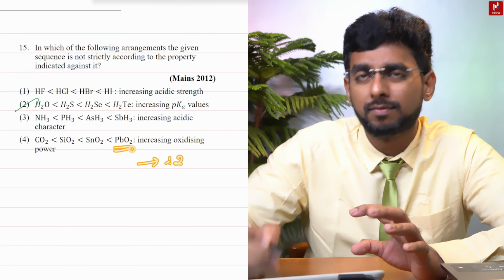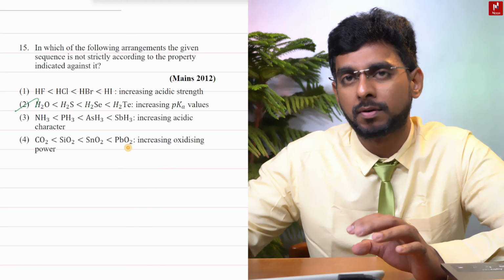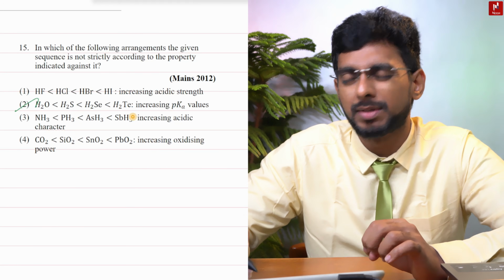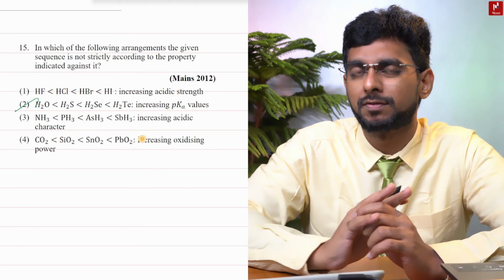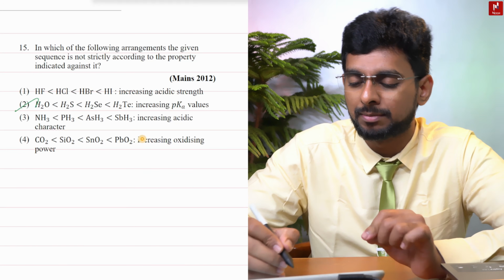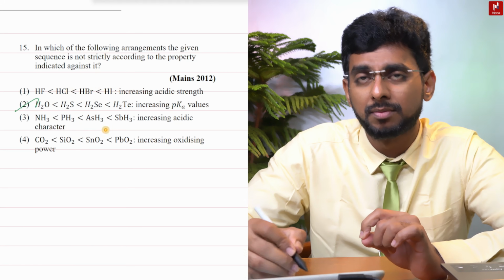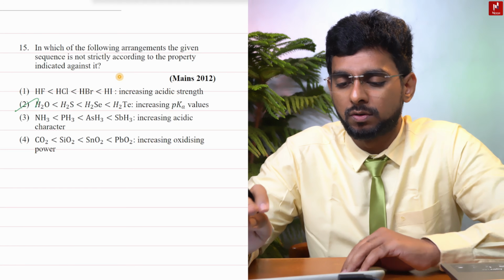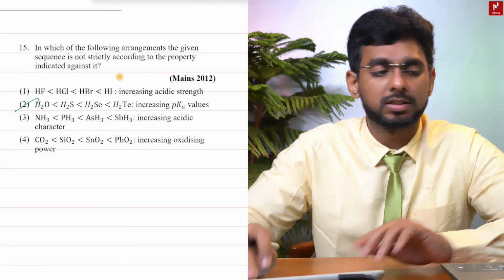So this will have more oxidizing power, right? So this actually is a correct arrangement. Do not worry about this oxidizing power as of now, because we haven't learned anything about that. We have got this question in this chapter because with the first three options you'll get the answer. That's why. You should be clear with this question. No doubt should be there. Simple one. Let's move to the next question.